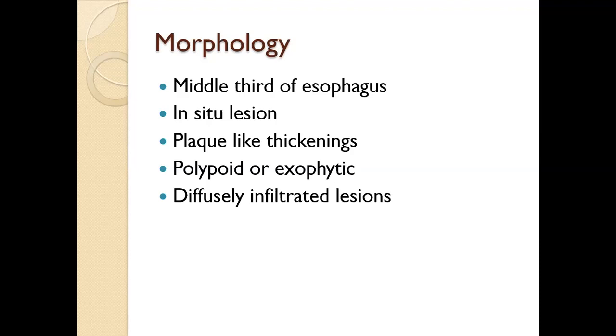These cancers often invade surrounding structures like the respiratory tree, which may lead to pneumonia, the aorta, which may lead to severe hemorrhage, or the mediastinum or pericardium.